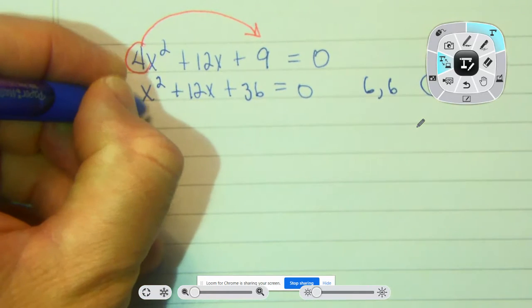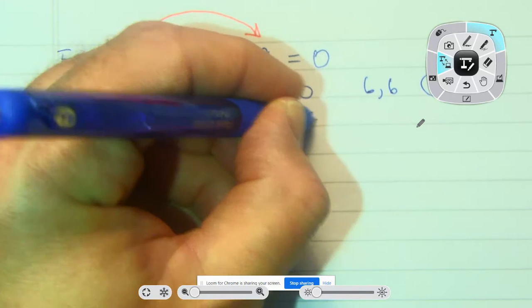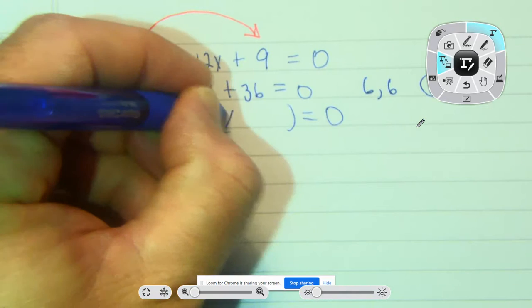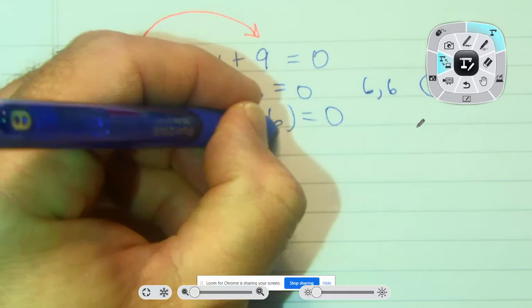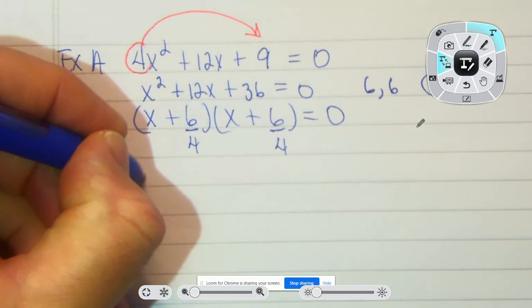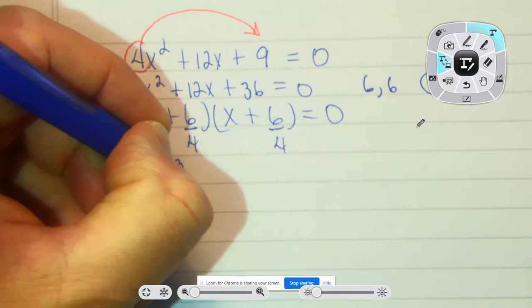So this will factor to be x plus 6 times x plus 6. But don't forget, since we multiplied by 4, we also have to divide by 4. We also have to reduce the fraction. 6 over 4 reduces to be 3 over 2.